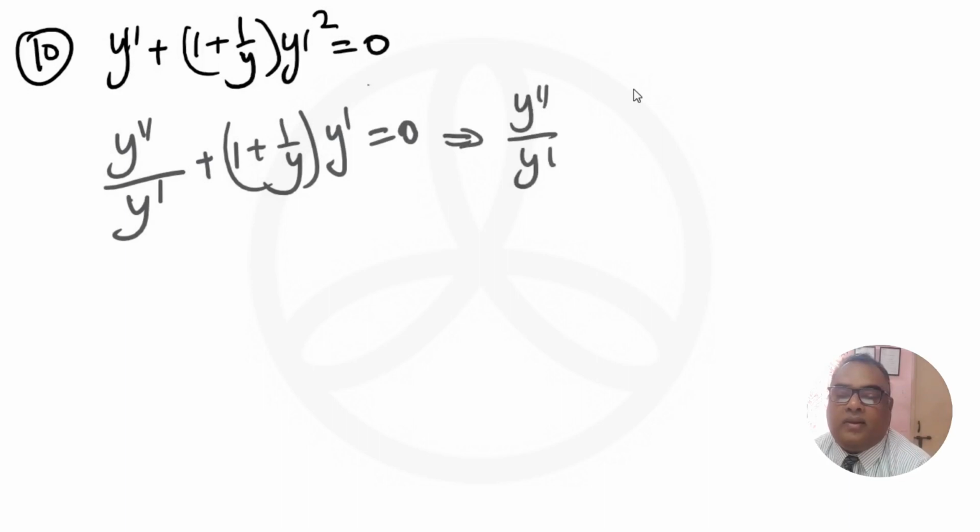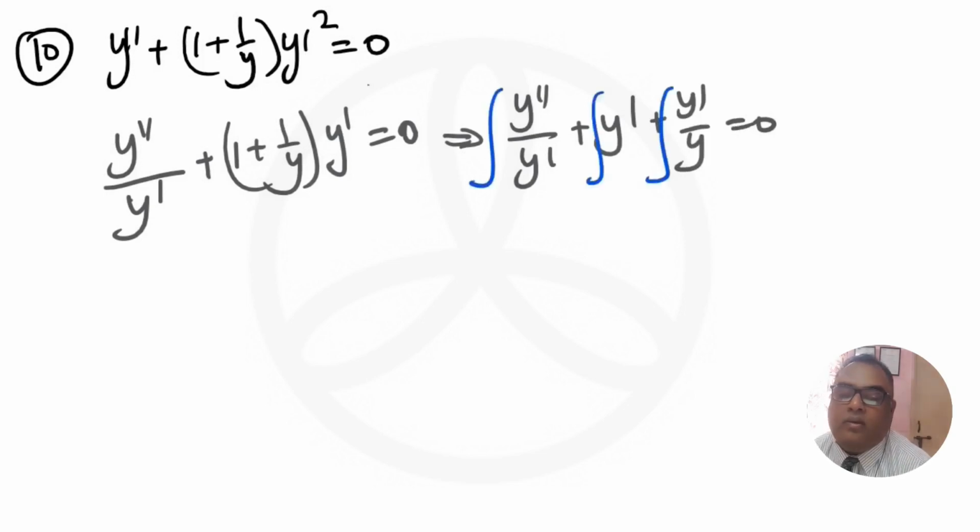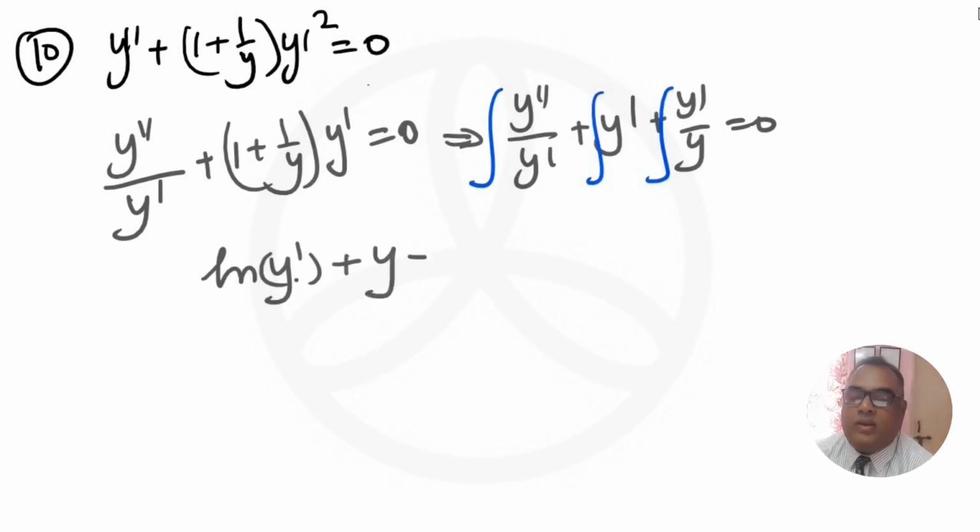Now apply integration on both sides. We get natural logarithm of y prime here, plus y prime will become just y, and this will become natural logarithm of y is equal to a constant c, because the moment we apply integration on a 0, it will give us a constant.